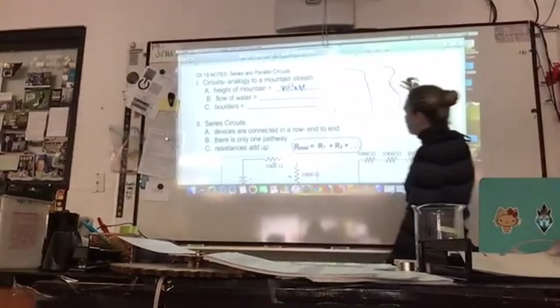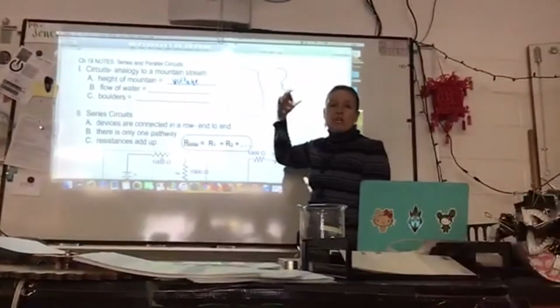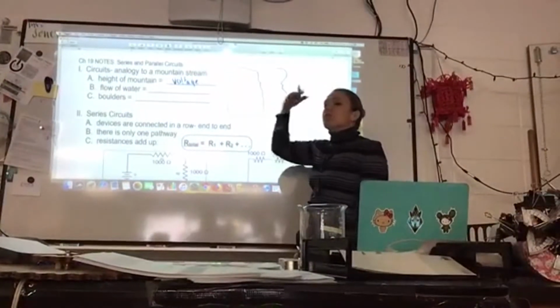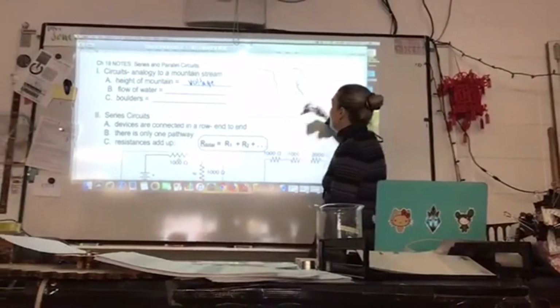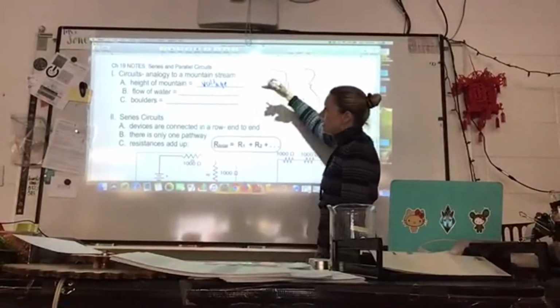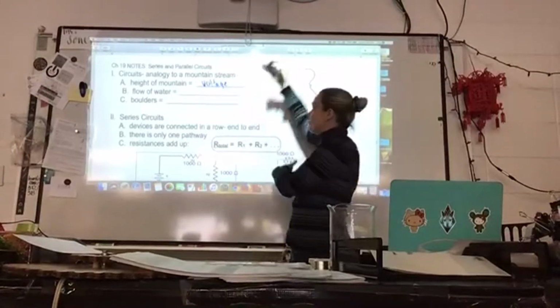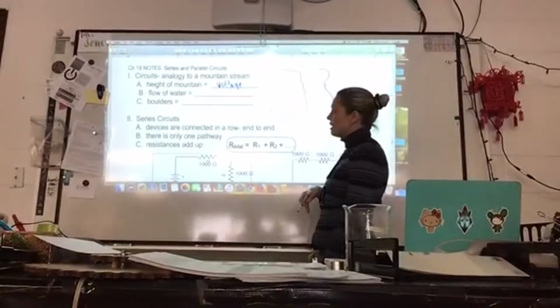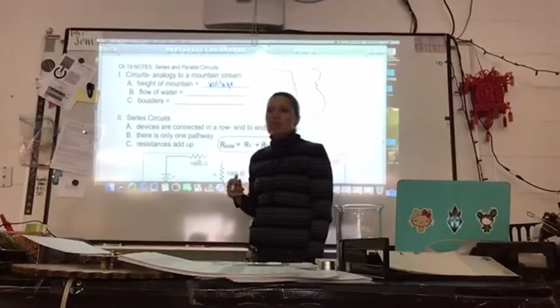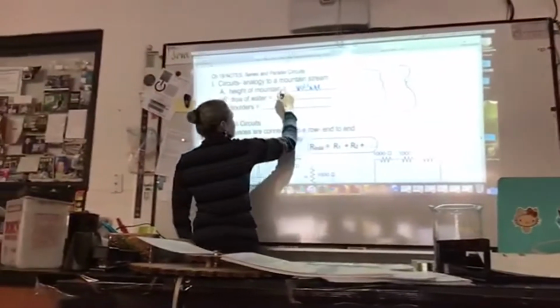Why? Because in a sense, it gives you more potential energy. Remember, voltage is potential energy per charge, and it's a difference. What matters with the mountain is not the total, it's the top to the bottom, if you're going to figure out how fast a stream will run. The flow of the water, that's our current.